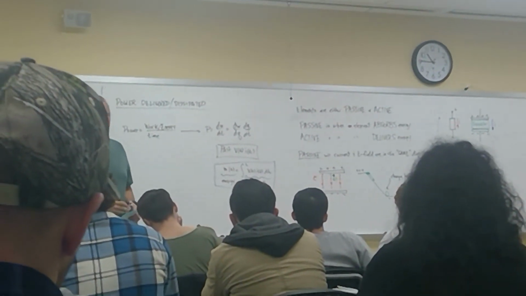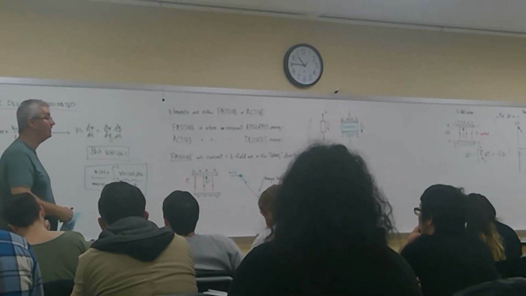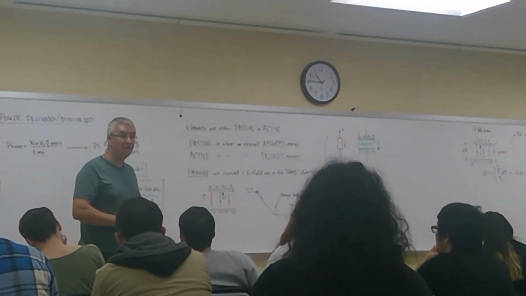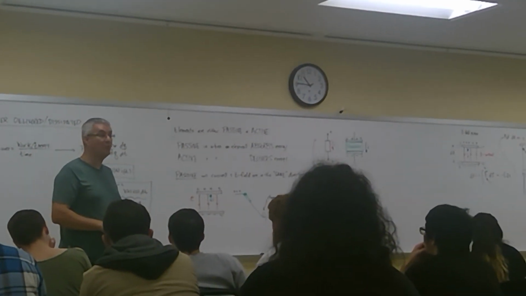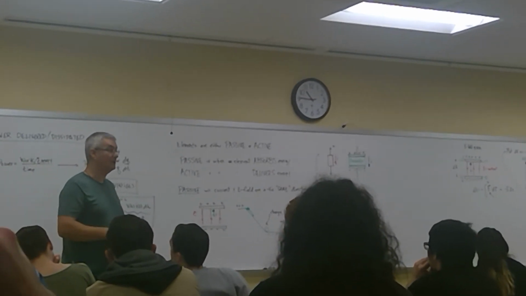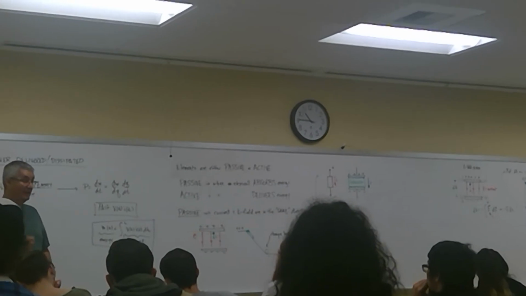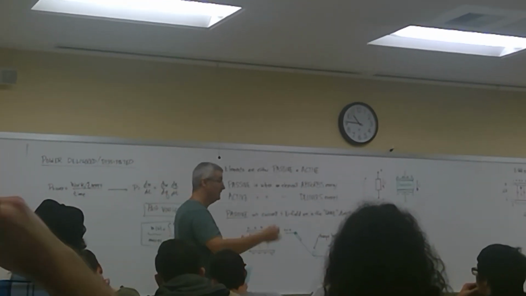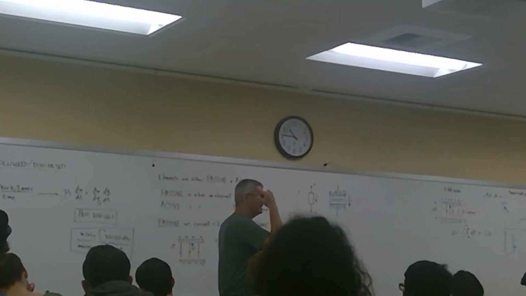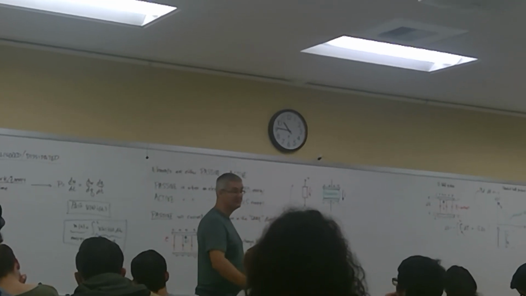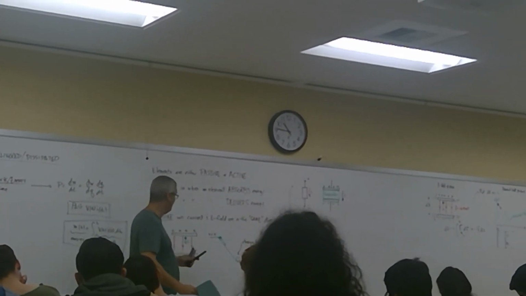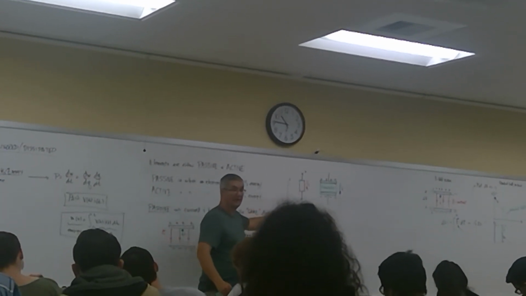There's a lot to look at there, but I won't talk about that. When we get into chapter 7, we may talk about it a little bit more, but it's not important for us right now. But here's my word of warning. Resistors, capacitors, inductors are passive. They follow this convention.